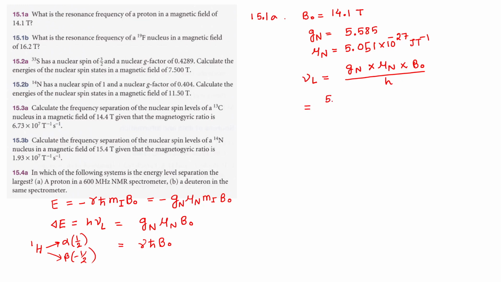So G here is 5.585, mu n is 5.05051 into 10 to the power minus 27 Joule Tesla inverse, B0 is given as 14.1 Tesla, and h, which is 6.626 into 10 to the power minus 34 Joule second.